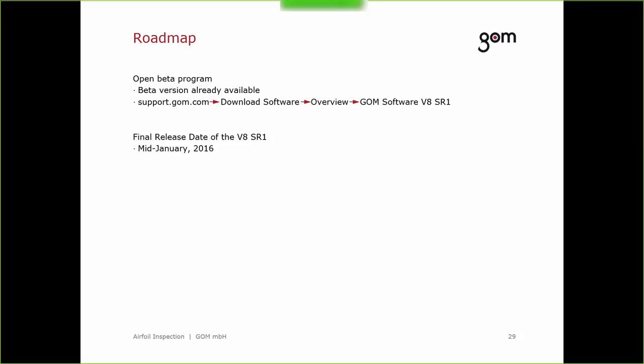The V8 SR1 will run with the current V8 license, so there's no need to update your license if you are on V8. Please find more information and the software packages under the following path: support.gom.com, then download software, overview, GOM software V8 SR1. The final release is planned in mid-January in 2016.